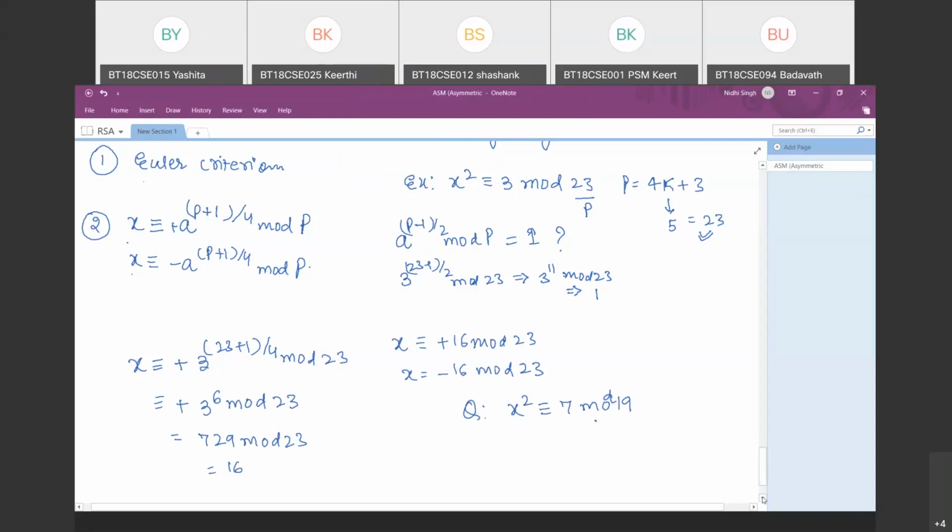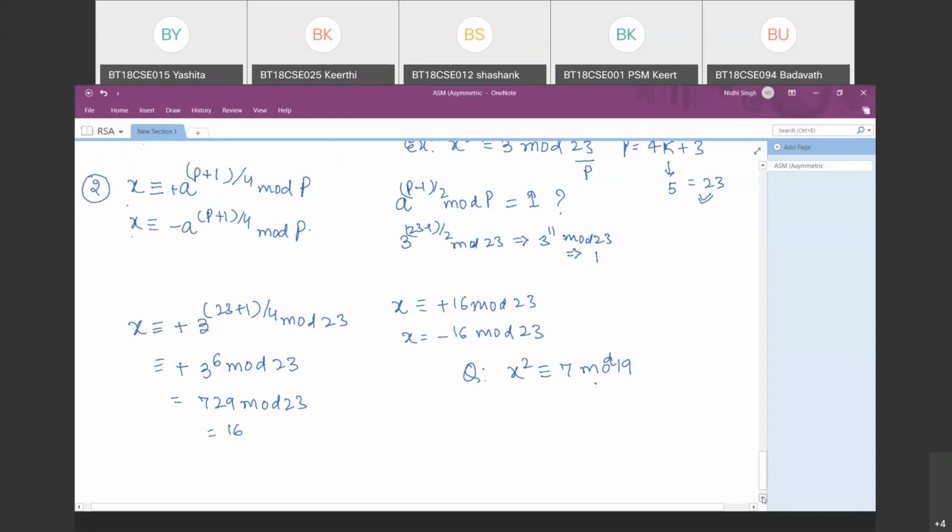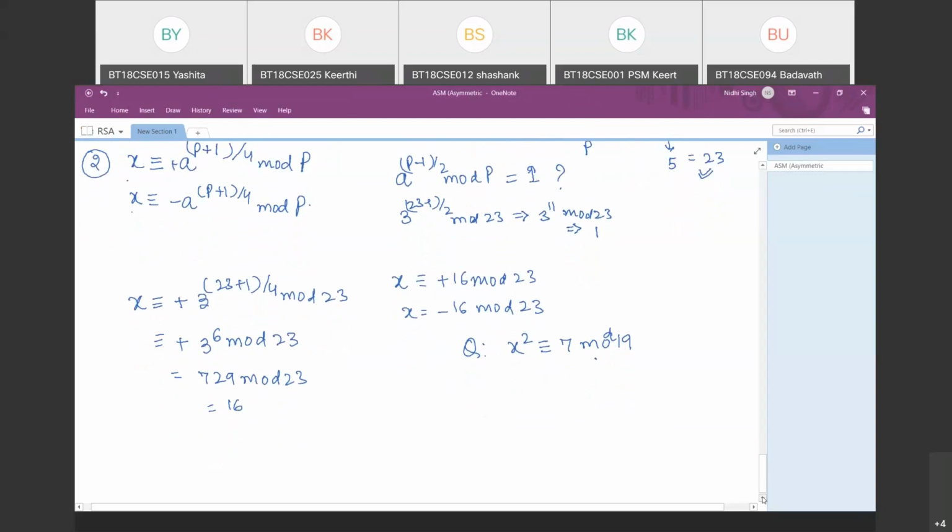Now, with the continuation of quadratic equations, I will illustrate one more thing that is called composite primes. In the composite prime theory, my modulo operation, mod n, is made up of the multiplication of prime numbers, like n equal to p into q. So that is called composite primes.